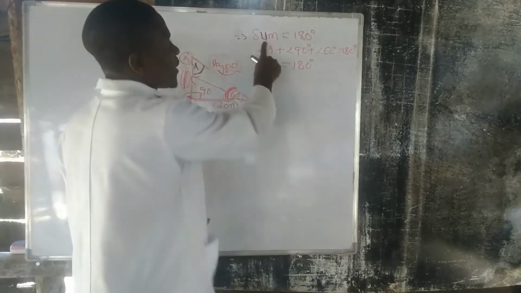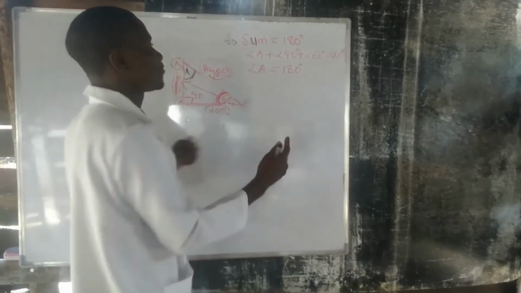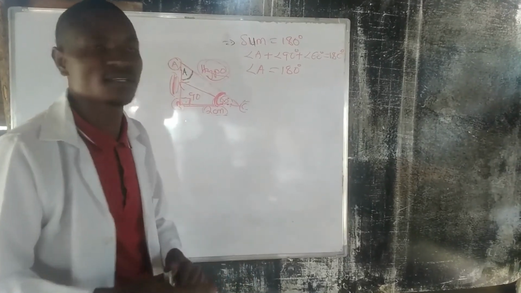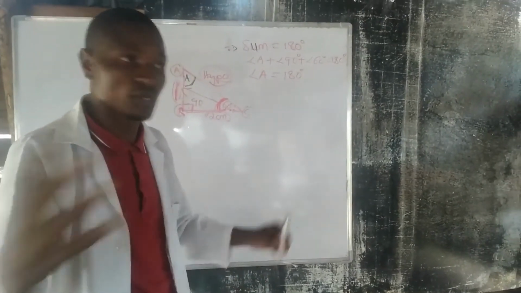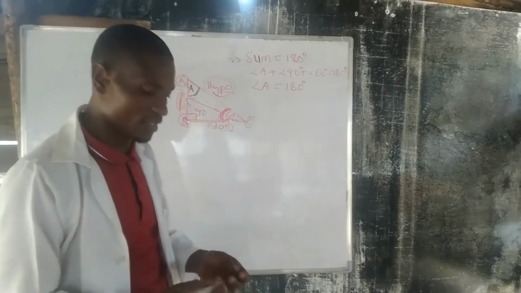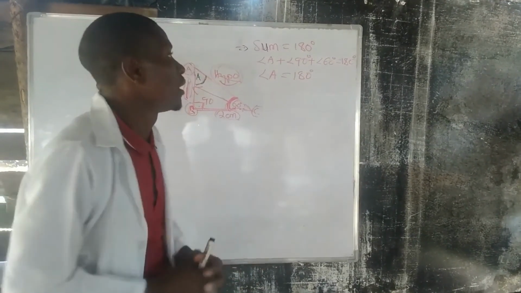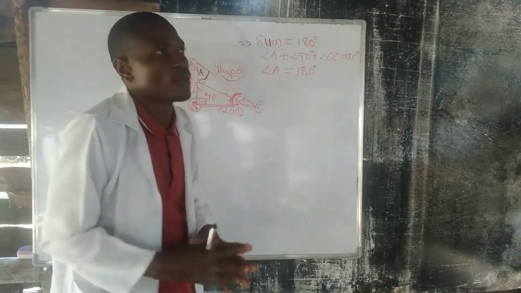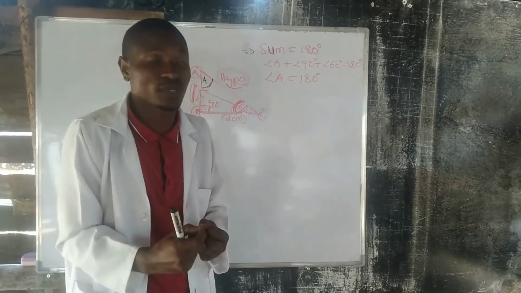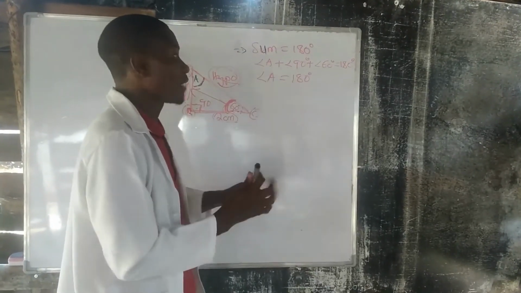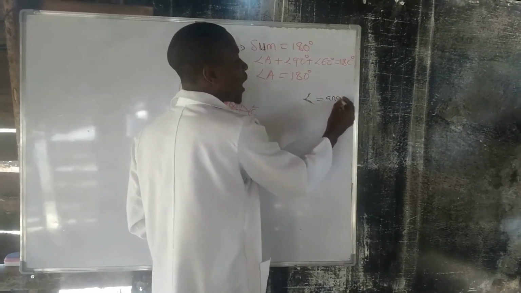Therefore, you're saying that the sum, meaning everything when you add them, gets 180, and then you provide the formula to the examiner. The examiner is interested in how you are showing your work, because showing work in the final exam is also an essential part to impress the examiner, and of course gives you more marks, or rather just gives an impression to the examiner that this person really knows what he or she is doing. So therefore, you say angle A, and by the way, this symbol means angle.